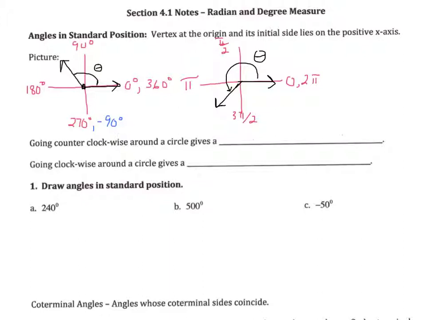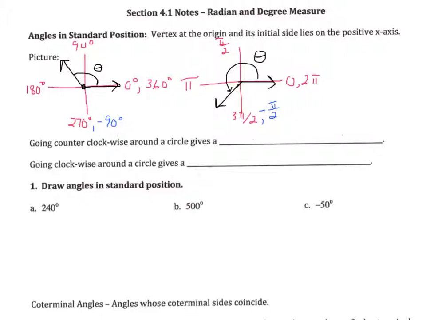And just like degree measures, if we move around the circle clockwise instead of counterclockwise, our radian measures are negative. So 3 pi over 2 would be the same as negative pi over 2.